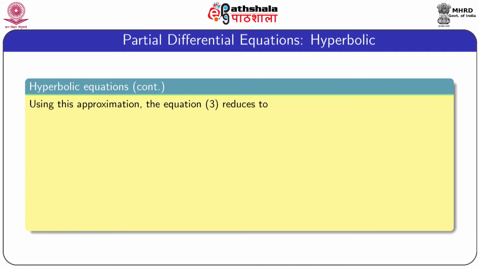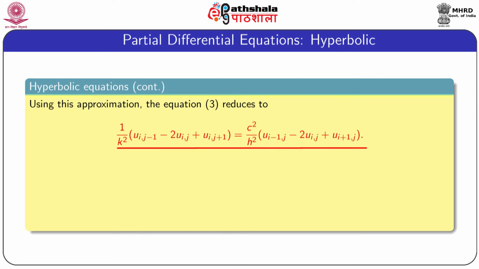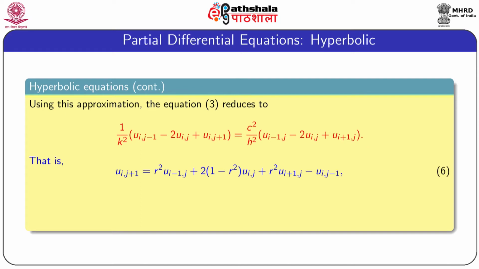Using this approximation, the given hyperbolic equation becomes this expression. After simplification, it reduces to equation 6, where the parameter r equal to c into k by h. Note that in this equation, the right hand side contains four values: u(i minus 1, j), u(i, j), u(i plus 1, j), and u(i, j minus 1).